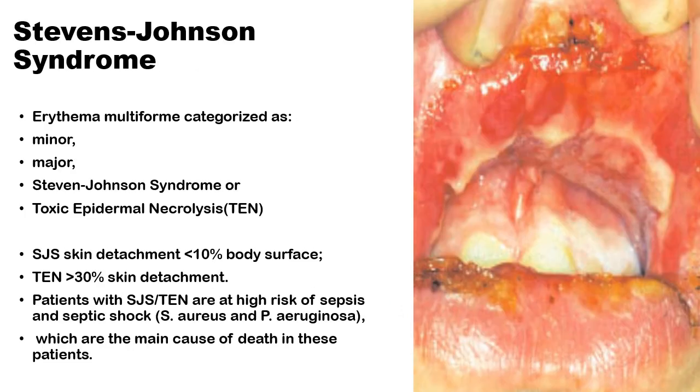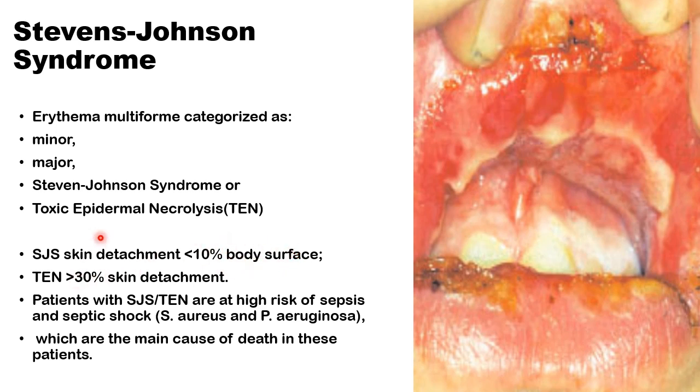Erythema multiforme can be graded according to the severity of the condition into minor, major, Stevens-Johnson syndrome, or even toxic epidermal necrolysis syndrome. In Stevens-Johnson syndrome, the skin detachment and bullae formation cover less than 10% of the body surface area.